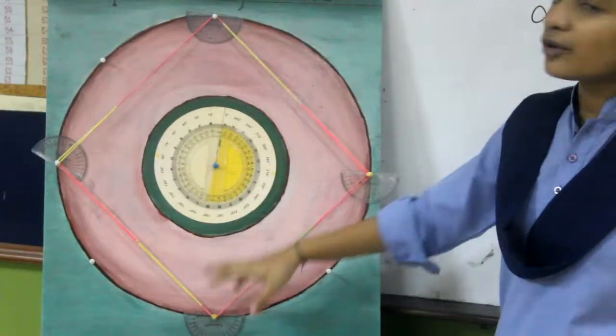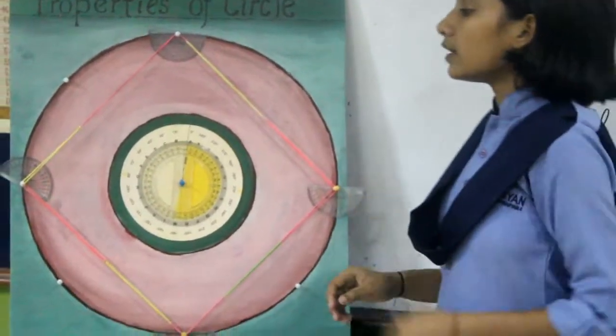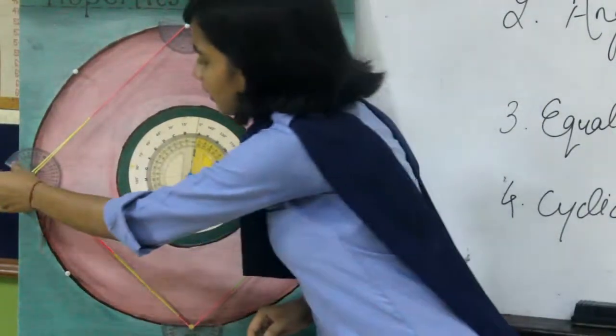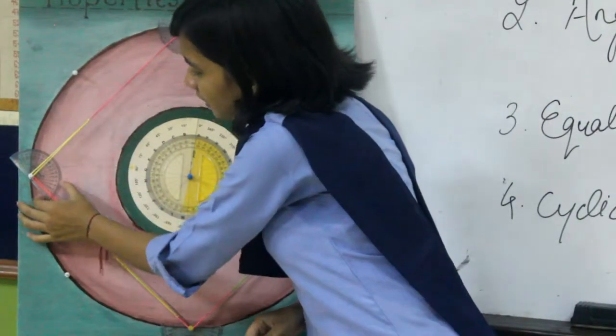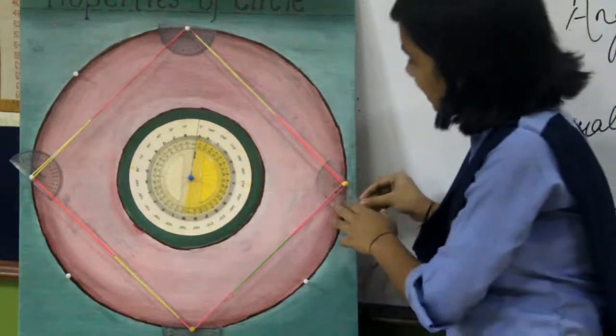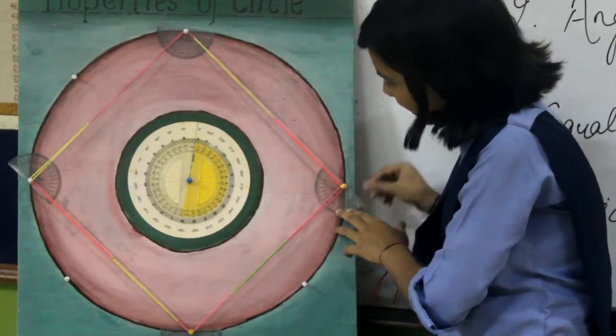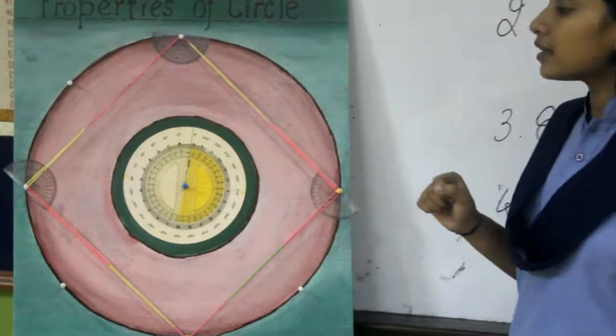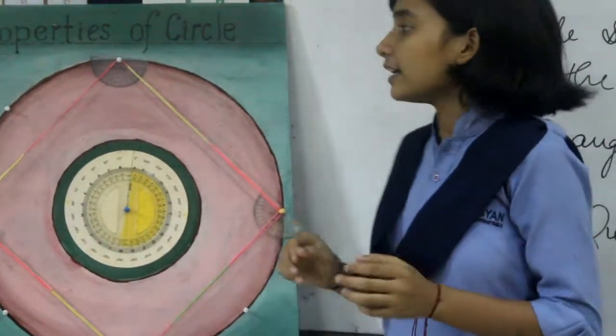So here we get the sum of these two angles as 180 degrees, and here we can also see that this angle is also 90 degrees and this angle is also 90 degrees. So these two opposite angles also sum up to 180 degrees.